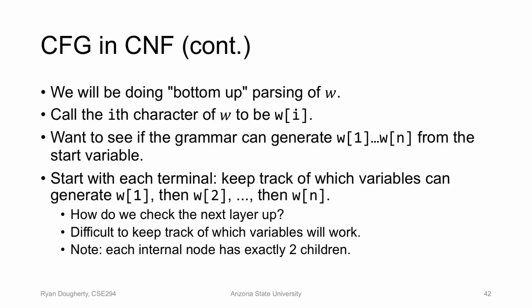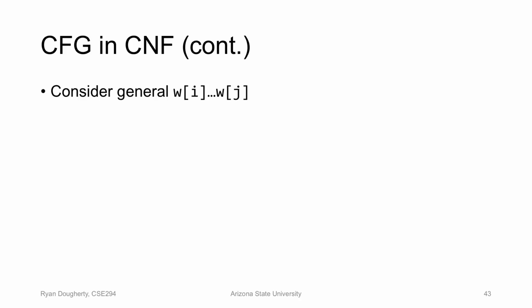Because we have a bound on how many children a node can have. Whereas for the regular context-free grammar, it could be that it has a lot of children, and so we would have to make many choices. But having exactly 2 children, we can figure out from these 2 children what could be at the node right above them, at their parent, together. So that's exactly what we're going to do here.